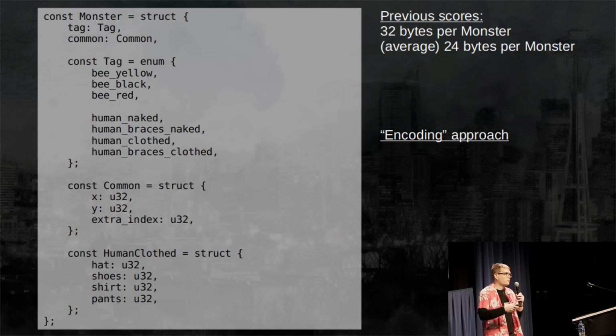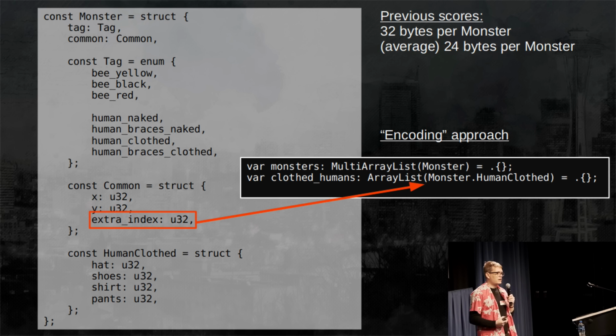You can see how the out-of-band theme is coming back. So how does this work for humans? Let's look at human clothed. How do we know all the information for human clothed? In this case, the monster is a struct of arrays, a multi-array list, so we're not paying for padding between the tag and the common struct.